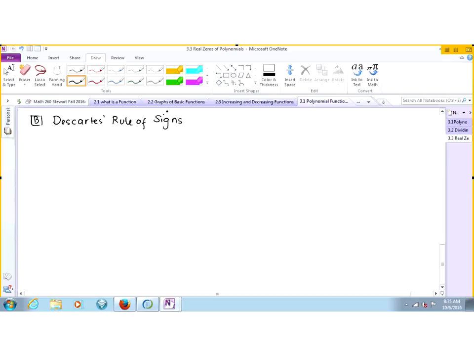What does it say? It just says what's the number of positive real zeros and the number of negative real zeros. Okay. So let P be a polynomial with real coefficients.